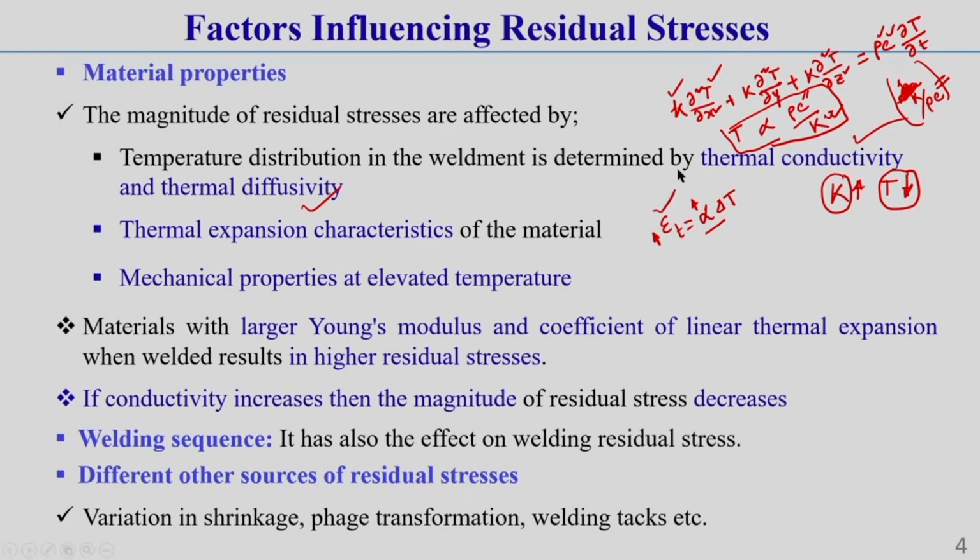Now, it also depends on the mechanical property at elevated temperature. Elevated temperature means high temperature, because material property is temperature dependent. At room temperature you will get one type of material property. Generally, if the temperature increases, the material property varies. Let us consider Young modulus. At room temperature it will have some magnitude.